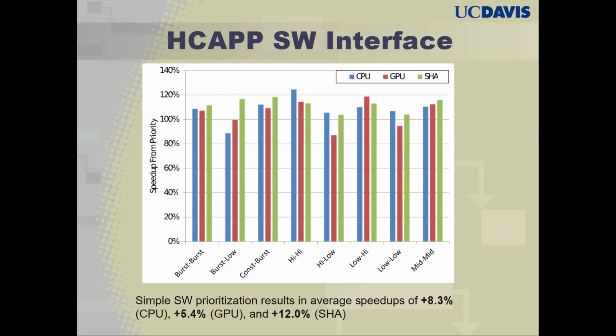Just prioritizing the GPU, we get 5% speed up. And just prioritizing the SHA component, we get 12% speed up on the SHA accelerator. So this was a really nice result to find. You can see there are actually some interesting behaviors where prioritizing a component actually makes it perform worse. These could likely be solved in the software portion, but they are very interesting results to find.